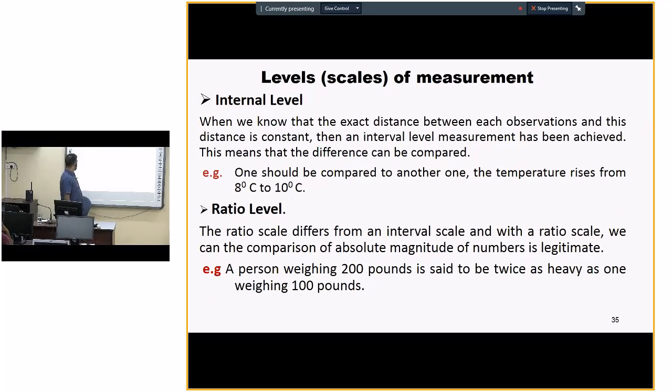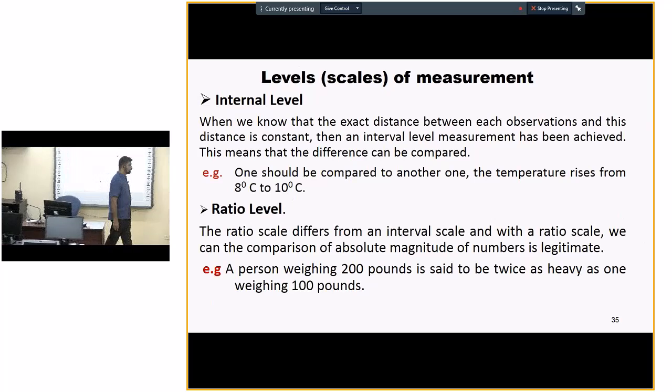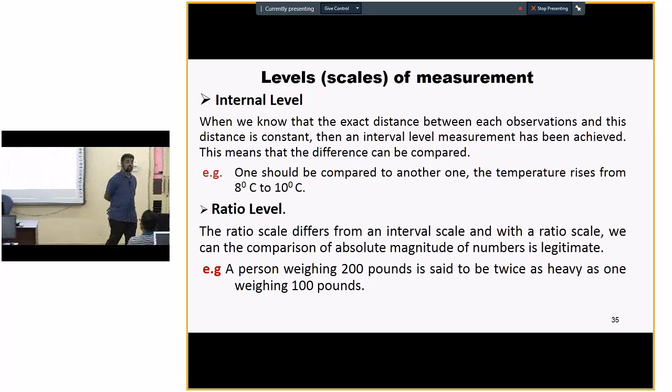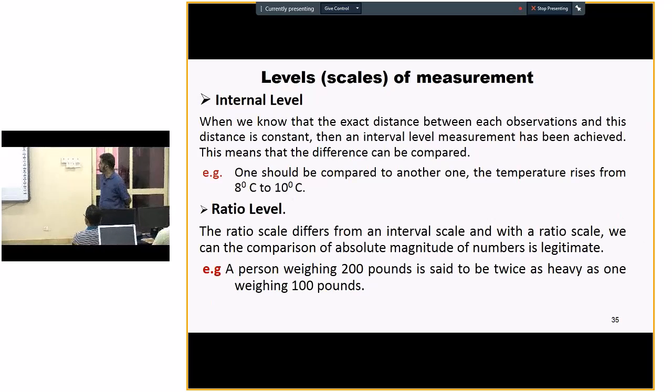Then interval level data. Then clearly you can identify the difference between interval level data and the others, and further we have a number of slides to explain that example.